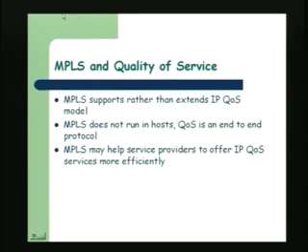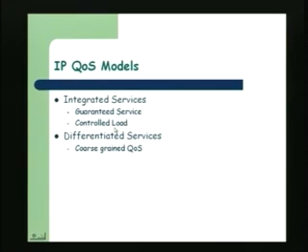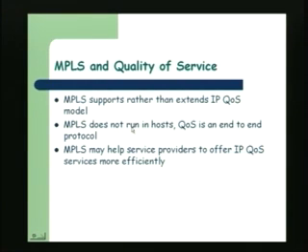MPLS actually supports, or rather extends, the IP QoS model. However, MPLS does not run in the hosts. Typically, MPLS will be present in a label edge router. However, as you know, QoS is an end-to-end paradigm.